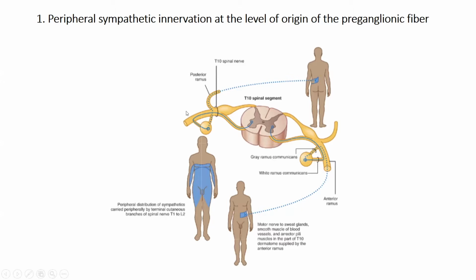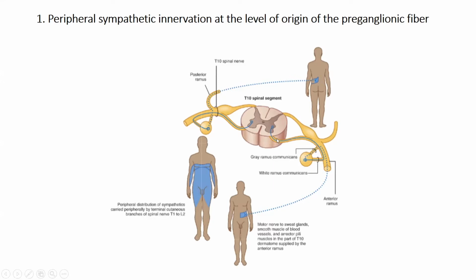One of the pathways that you can see in this slide is the peripheral sympathetic innervation at the level of the origin of the preganglionic fiber. This means that, as we mentioned, the preganglionic sympathetic fiber arises from the lateral horn, the intermediolateral nucleus.